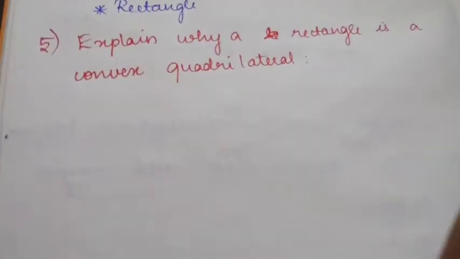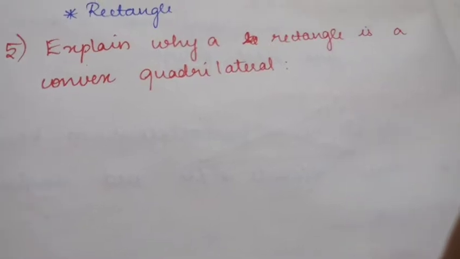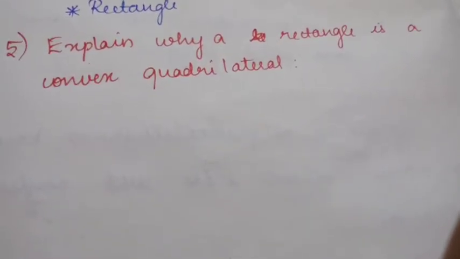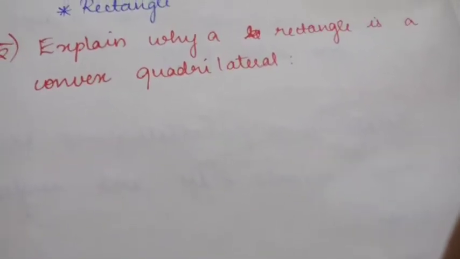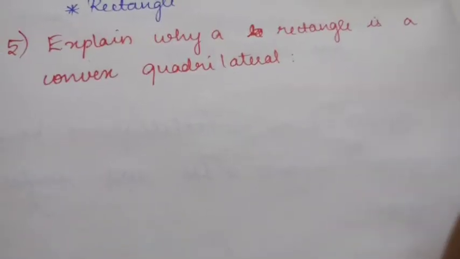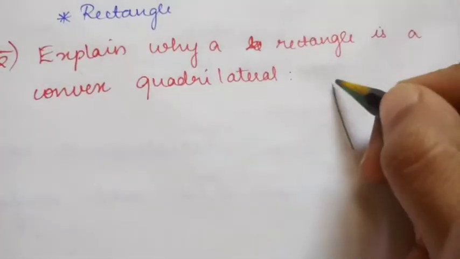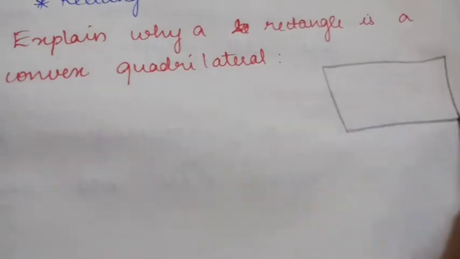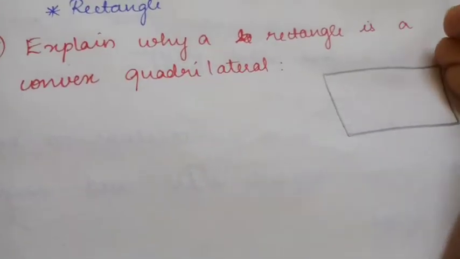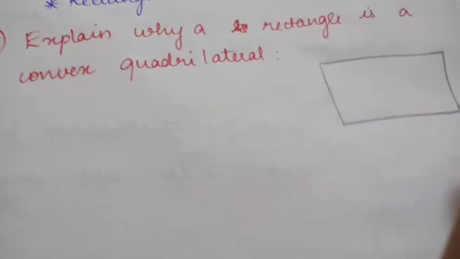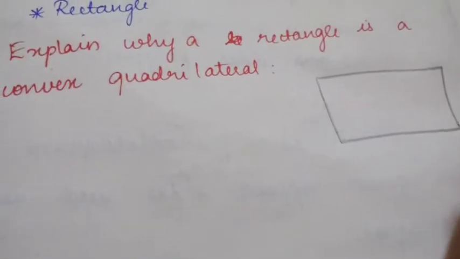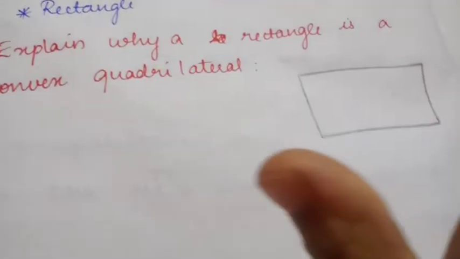Okay, children. Next is your fifth problem. Explain why a rectangle is a convex quadrilateral. Do you remember the word convex? See, actually the rectangle is a convex figure, and when any one of the side angles comes inside, then it is concave. But this is convex.